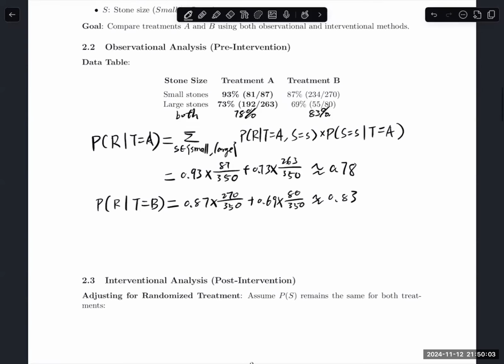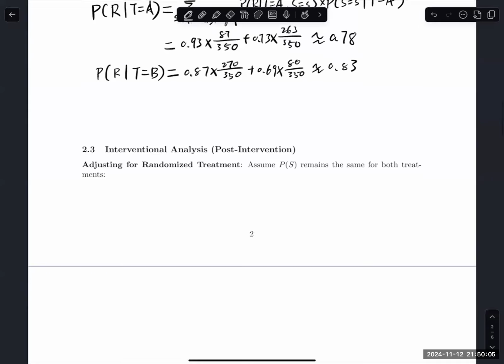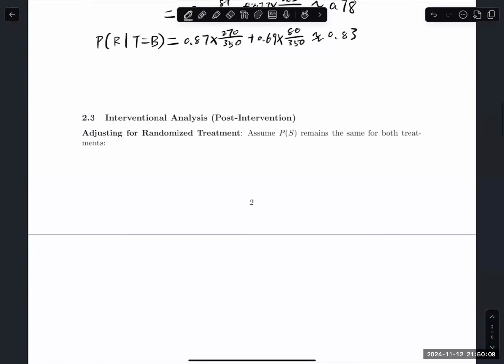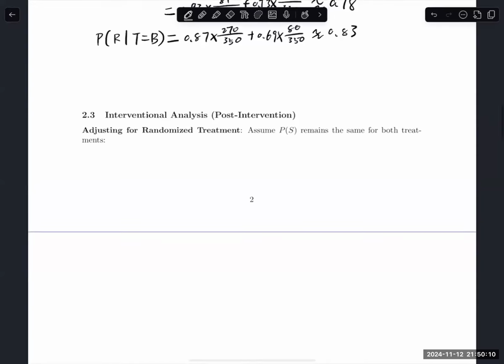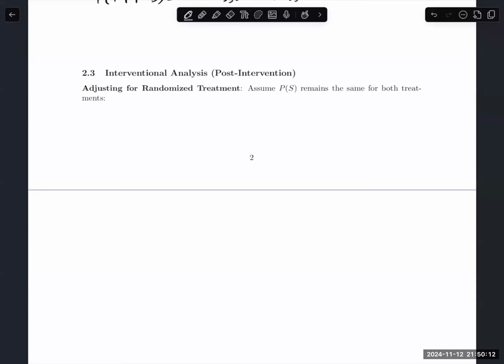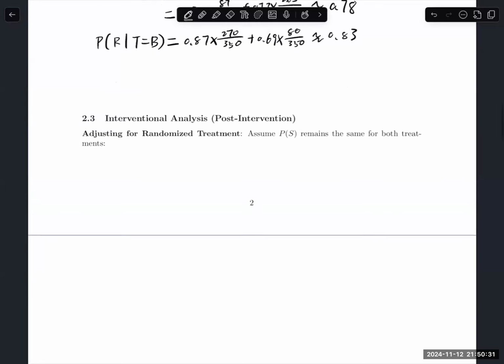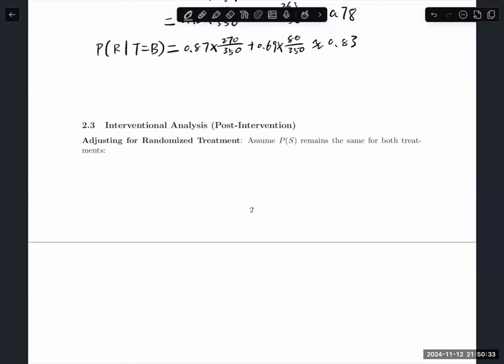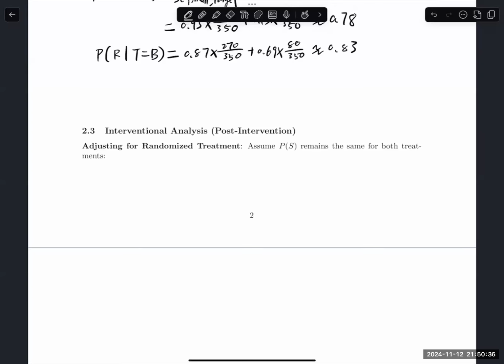Okay, so next let's use an interventional analysis by randomizing the treatment. By doing this, we ensure the stone size is distributed independently of the treatment. The reason why we use interventional analysis is because the gold standard is not always feasible, so we need to use other ways to simulate randomized controlled experiments. Firstly, we assume the stone size distribution remains the same across the treatments.